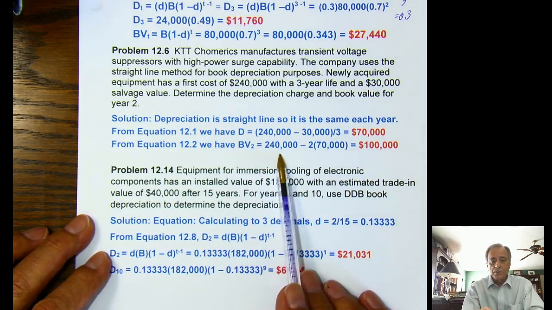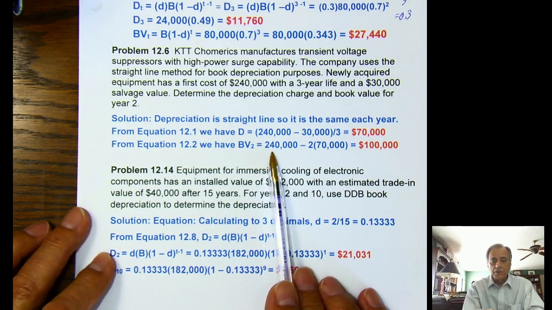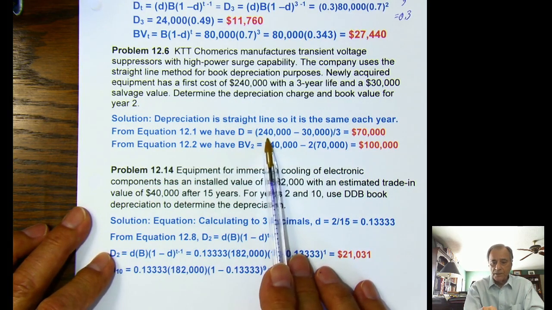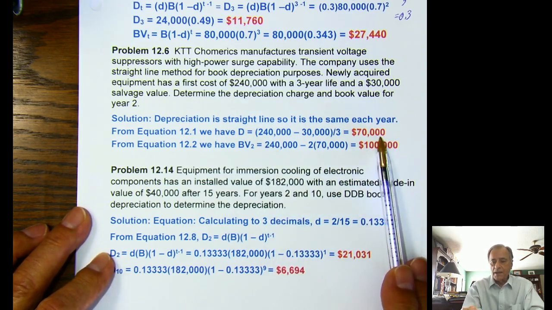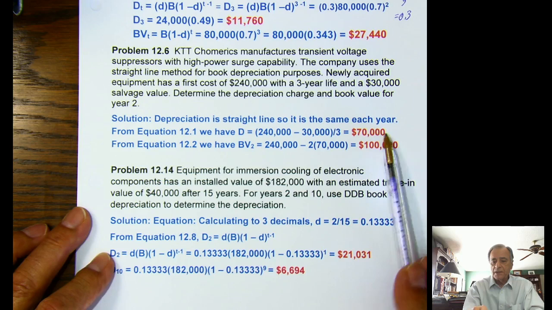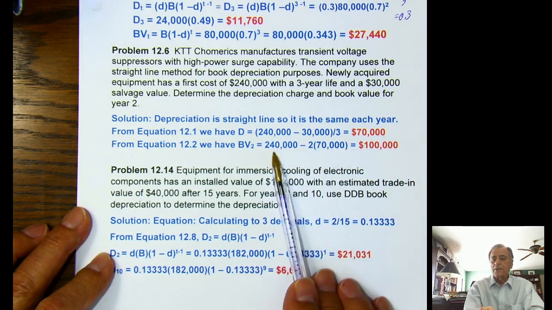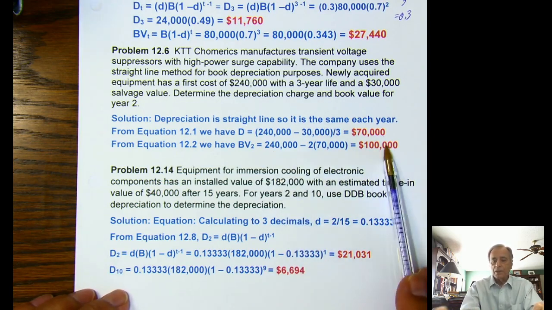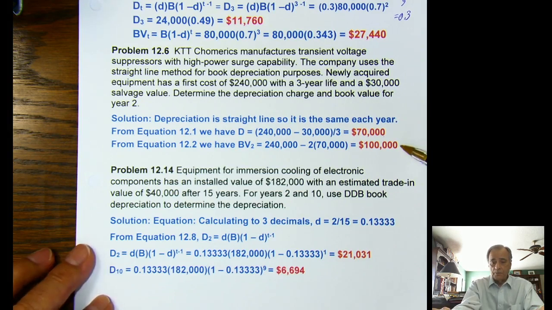So you would start with the original basis, which is $240,000. You depreciated 70 the first year and 70 the second year, so that's 2 times 70 is 140. Take that from 240, you get $100,000 as the book value at the end of year 2.